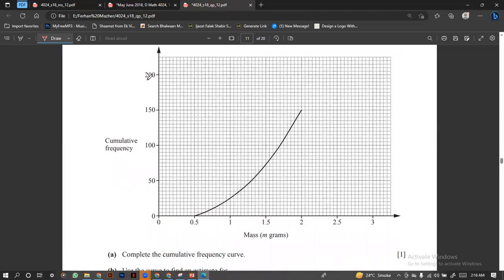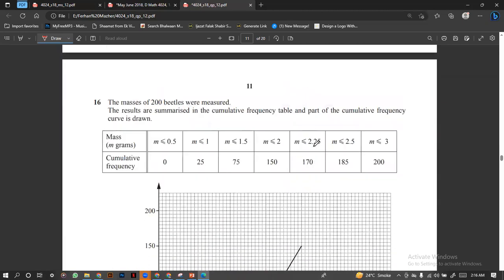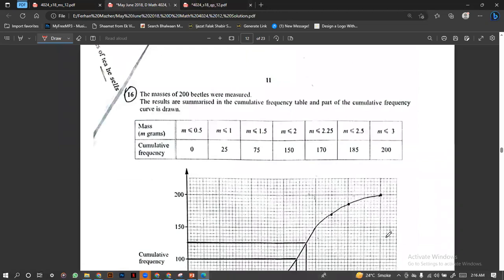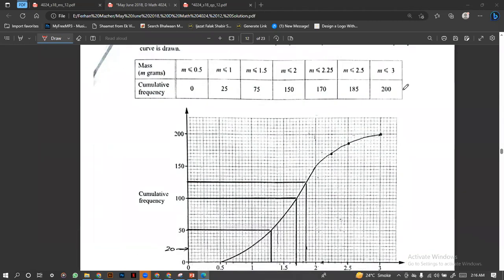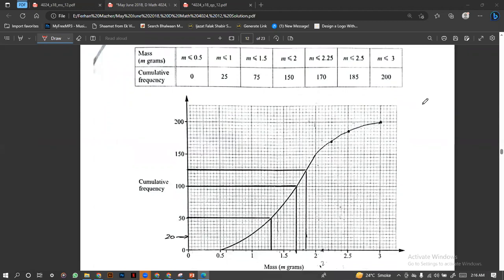Here we have the cumulative frequency, here we have the masses, and up to 2 it has been marked. 2.25, 2.5, and 3 you have to mark. So here you can see at 2.25, which is here, I will put a dot of 170.